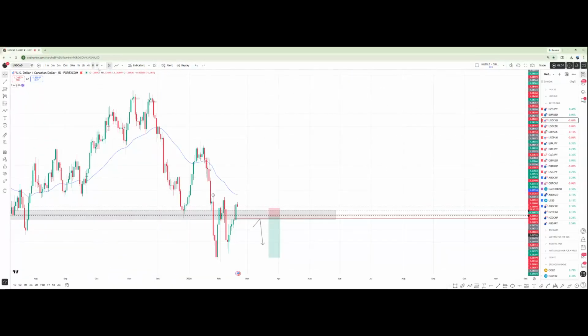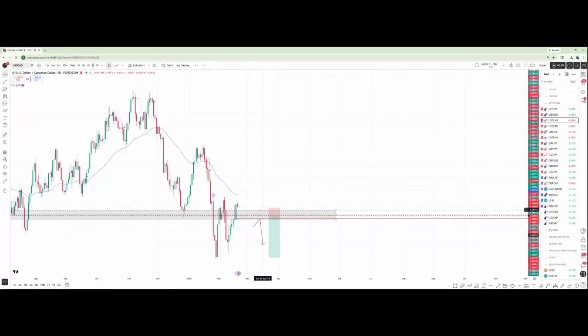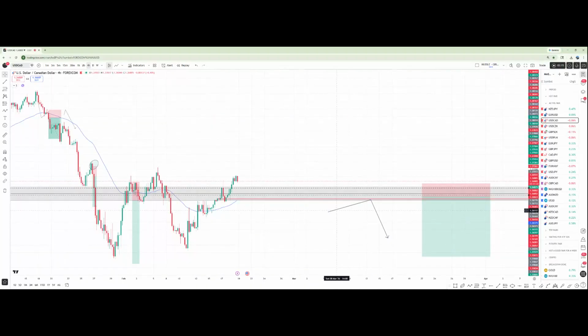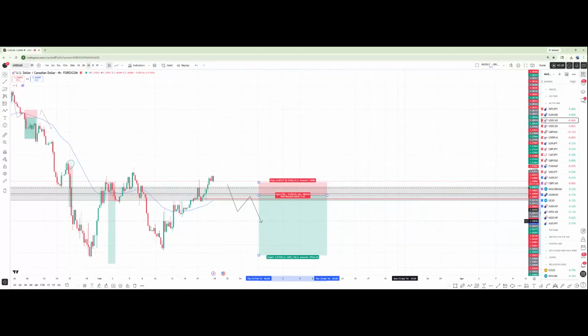Same thing with USD CAD. Doesn't look good to me. I thought this one had a weekly wick pullback, but the daily doesn't give me nice price action. So I am waiting for the 4 hour to have this shift of structure around this red area, then pull back to continue to go down, just like that.